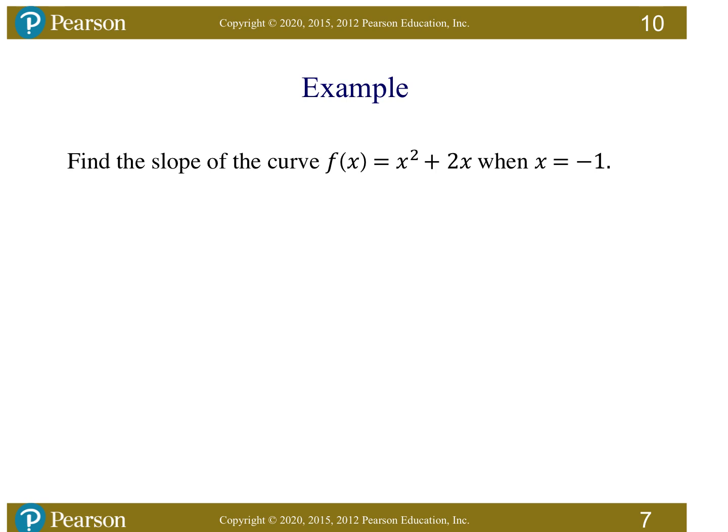So my slope of the curve will be the limit as I'm approaching -1 of f of x minus f of a over x minus a. So that is the definition at the number -1.